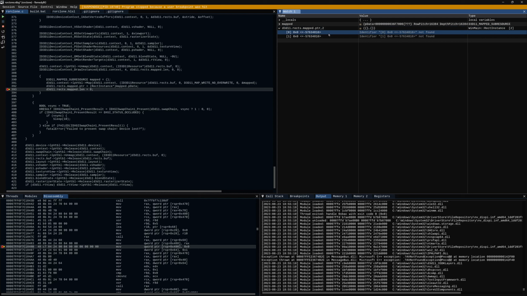Oh, maybe not actually. Maybe this is just as bad. Is it because it's GPU memory, so we're not allowed to look at it? I mean, it knows what the type is, but what does this error message even mean?